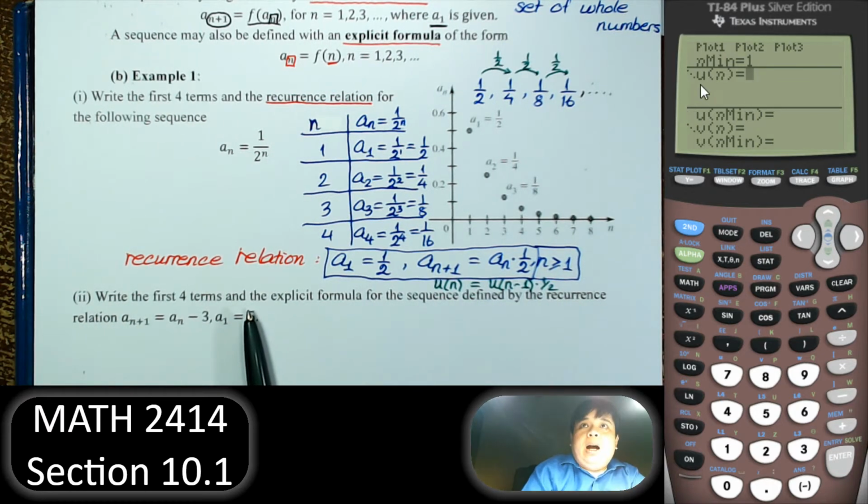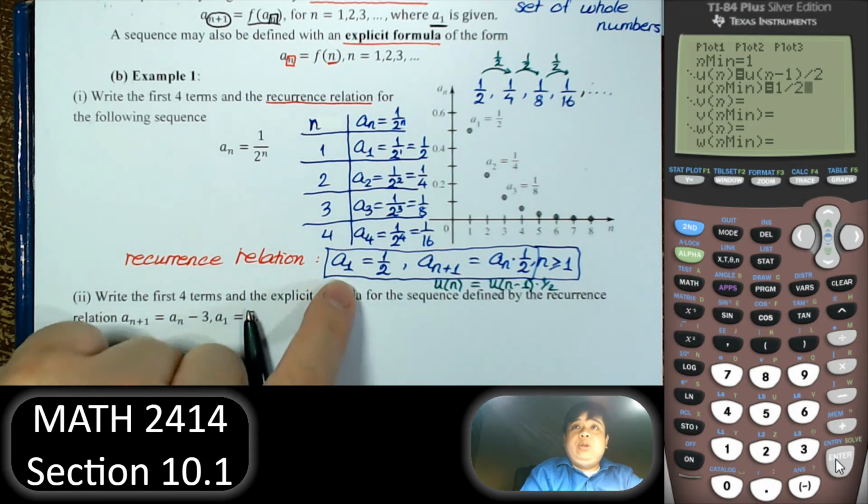So u sub n is going to be u. First, the u is second, number 7. So u of n minus 1 times 1/2, or divided by 2, we can also type it like that. And the first term is 1/2.